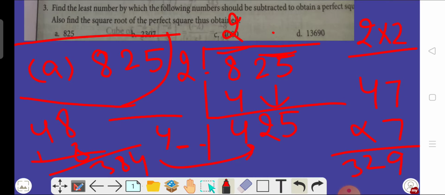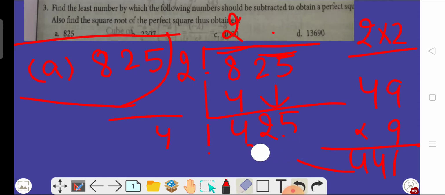This is also less than 425. We can try to put 9 also. If we put 9, this will become 441, and this is more than 425.